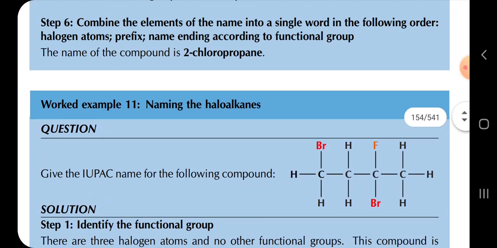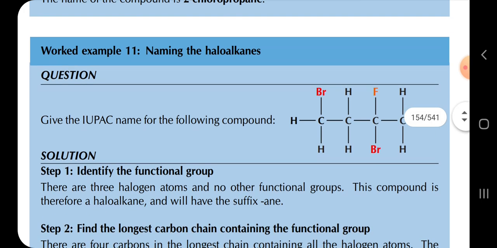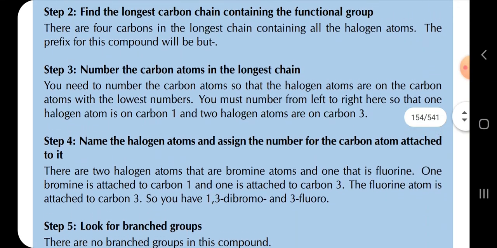So we'll start with the C bonded with Br only, and that will be number 1. Number 2 will be the C bonded with H on the bottom and H on the top, and then the third C will be the one that has F on top and Br on the bottom, so that we can just have 1 and 3 at the beginning of the name.